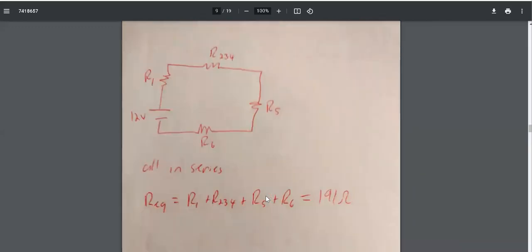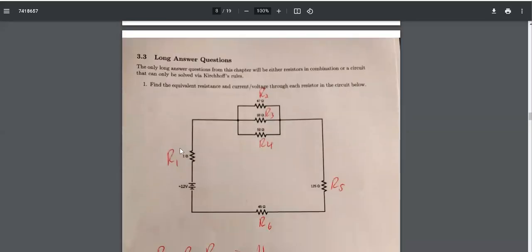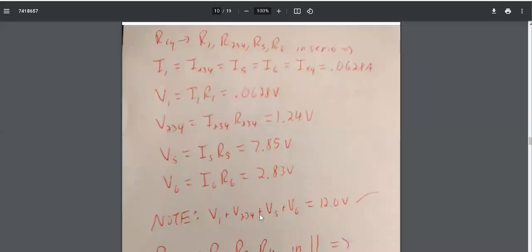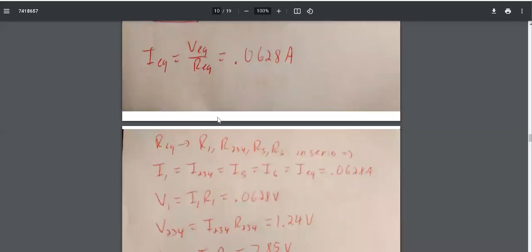Okay, but I don't really care about that. That's not what the question asks. The question asks for the current and the voltage through all of these resistors. But now that I know it through the equivalent resistor, I can work backward and find it for the others. So we constructed REQ from R1, R2,3,4, R5, and R6, and they were all in series.